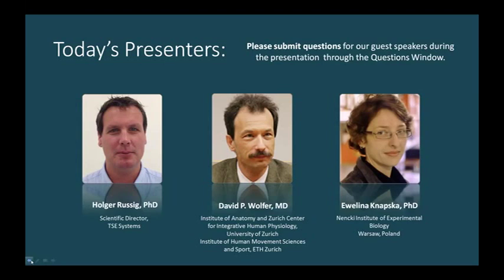Following, we will hear from Dr. David Wolfer. Dr. Wolfer completed his medical degree at the University of Zurich and following pursued various academic research positions at the university's Institute of Anatomy. He completed his habilitation thesis in anatomy in 1998 at the University of Zurich and was appointed Associate Professor of Anatomy at the University and ETH Zurich in 2005. Dr. Wolfer's research focus is cognitive and behavioral neuroscience.